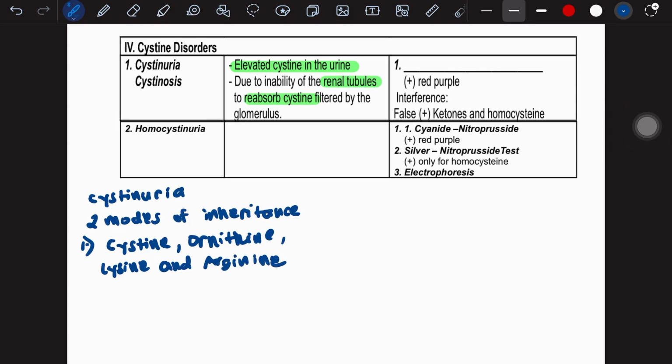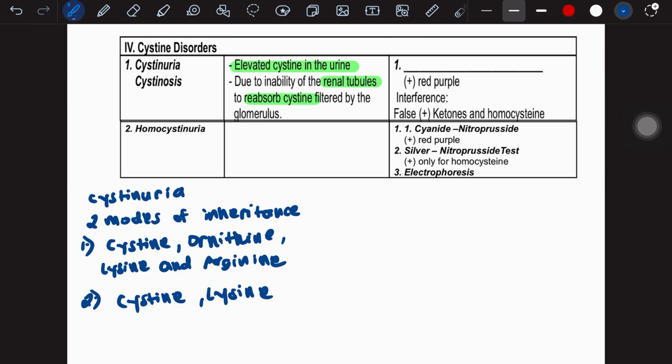So the reabsorption of your 4 amino acids, cysteine, ornithine, lysine, and arginine, is affected. What is the other mode of inheritance? Only cysteine and lysine are not reabsorbed. So please remember this.